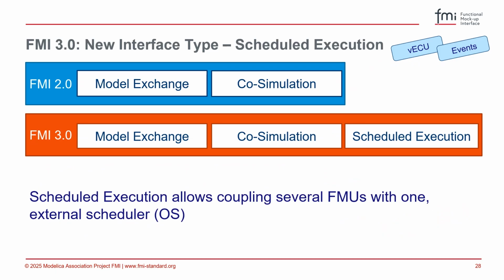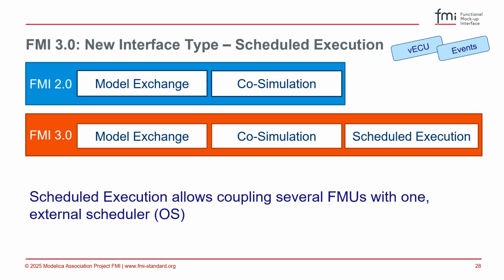In FMI 3, we see the two kinds of FMUs that we already saw for FMI 2, model exchange and co-simulation. They are still the most prominently used ones, but there is a third variant for scheduled execution, which allows for the coupling of several FMUs with one external scheduler.